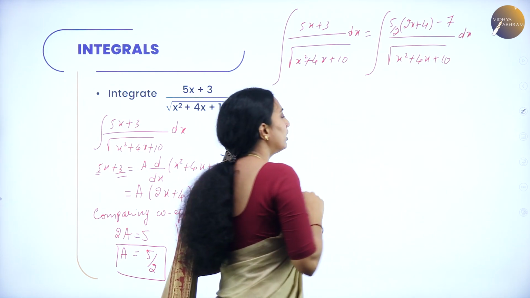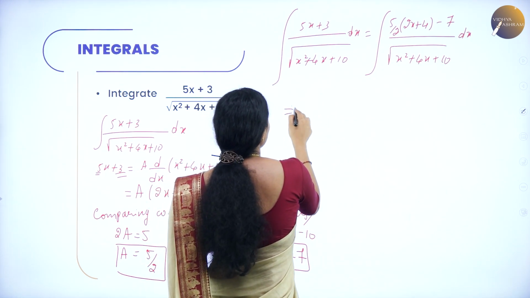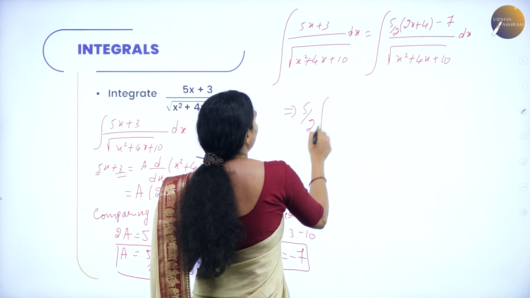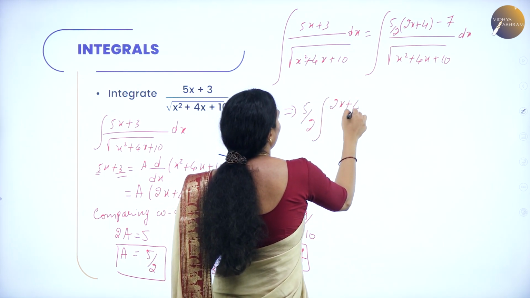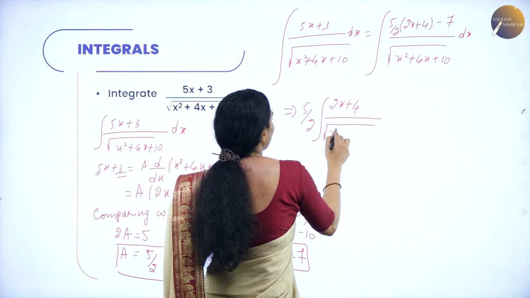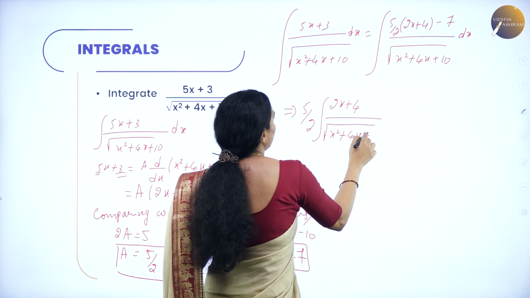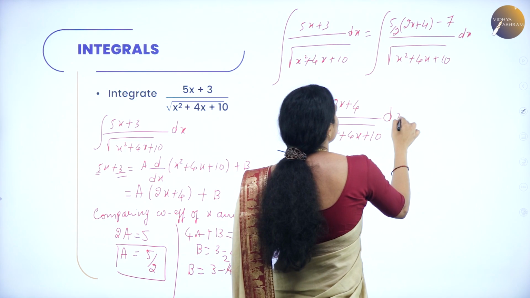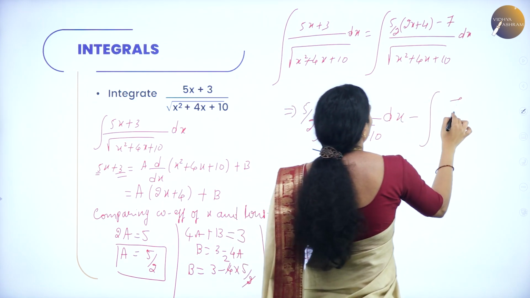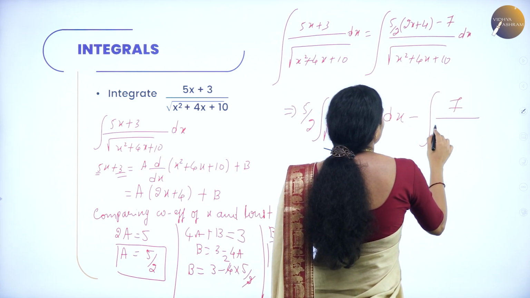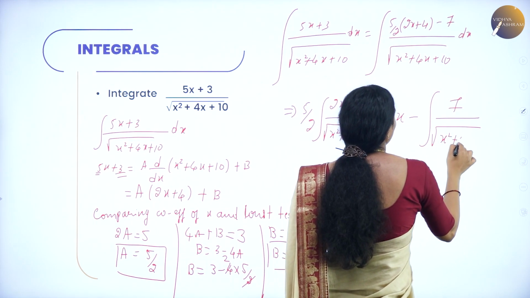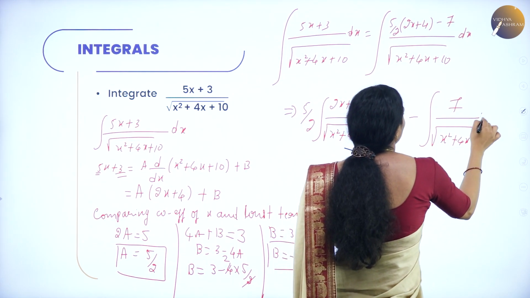Separating the integral, we get 5 by 2 into integral of (2x plus 4) divided by under the root of x squared plus 4x plus 10 into dx, minus integral of 7 divided by under the root of x squared plus 4x plus 10 into dx.